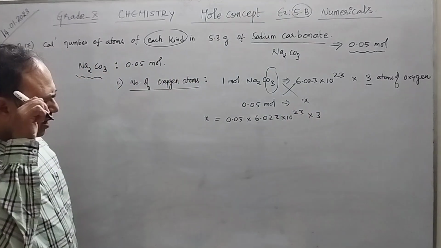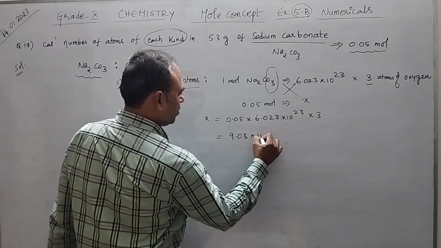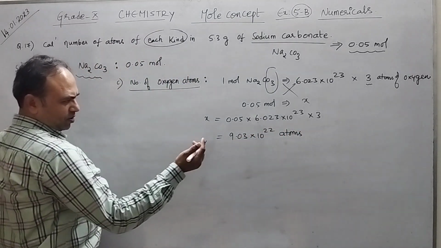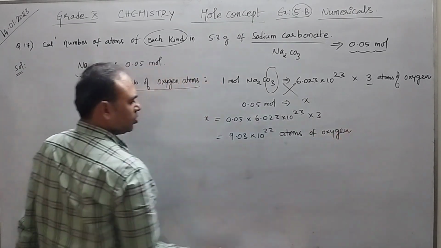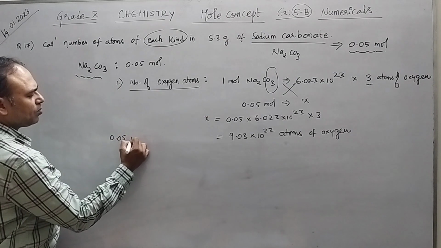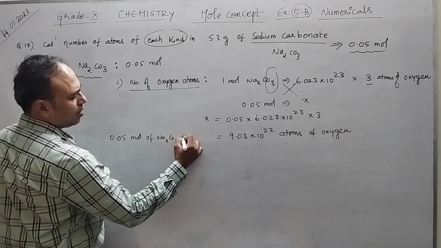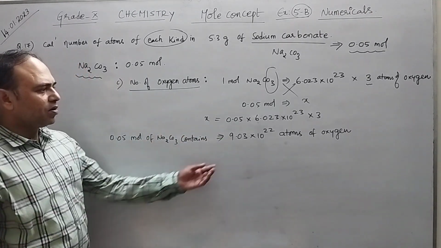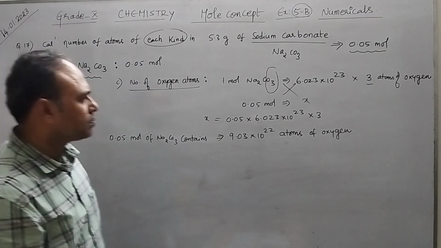If you take the exact value, you will get 9.03 into 10 to the power of 22 atoms of oxygen. So we can write: 0.05 mole of sodium carbonate contains this many atoms of oxygen. Make a note of this, and next we'll move to question number 18.